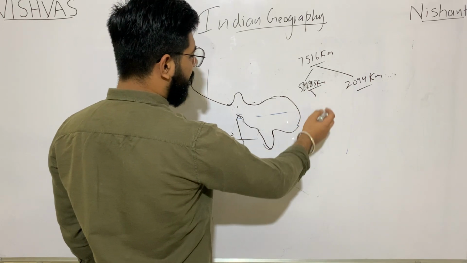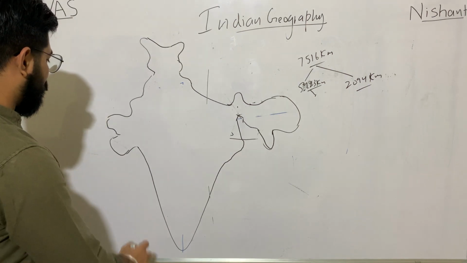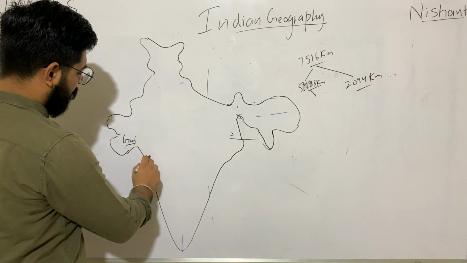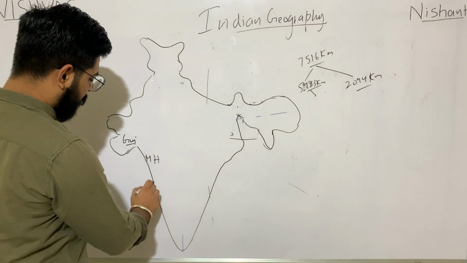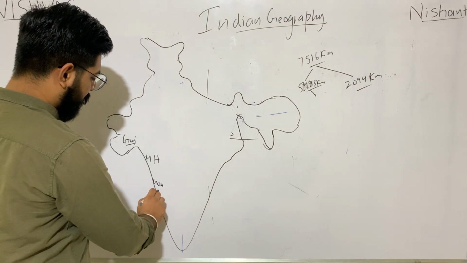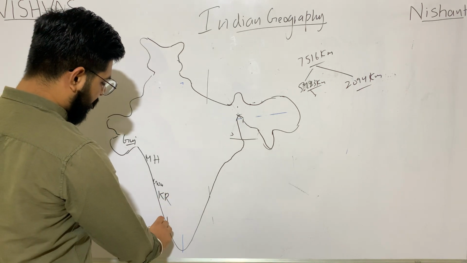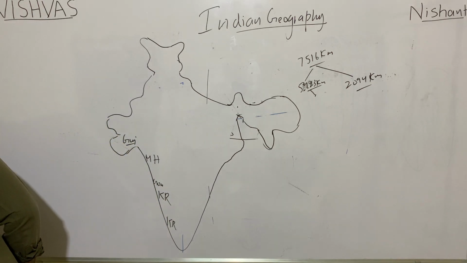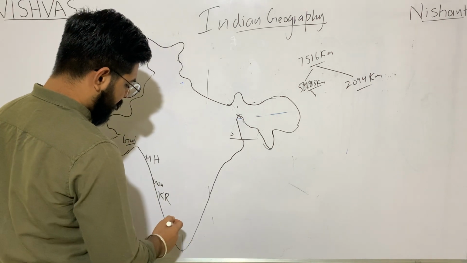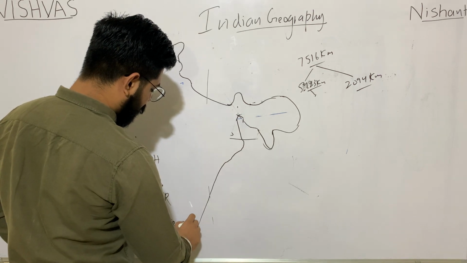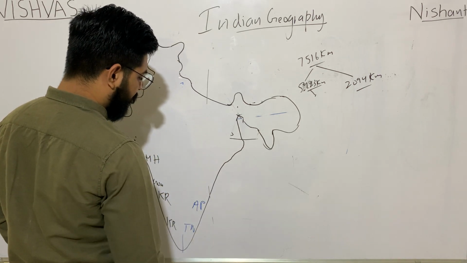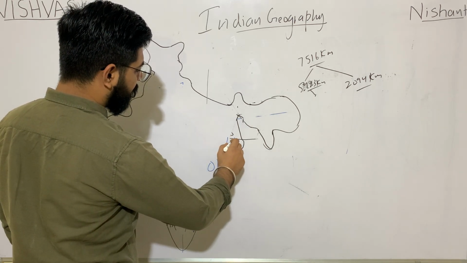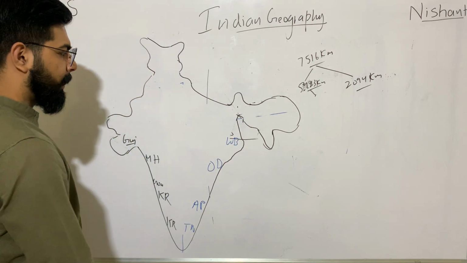So 5423 kilometer is of the mainland states. On the western coast we have Gujarat, Maharashtra, Goa, Karnataka and Kerala. On the eastern coast we have Tamil Nadu, Andhra Pradesh, Odisha and West Bengal.